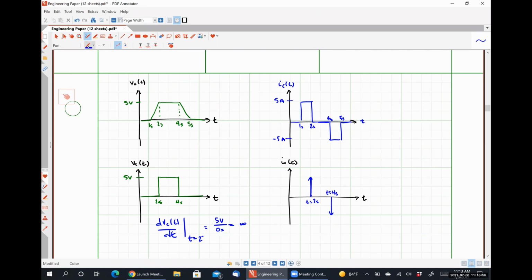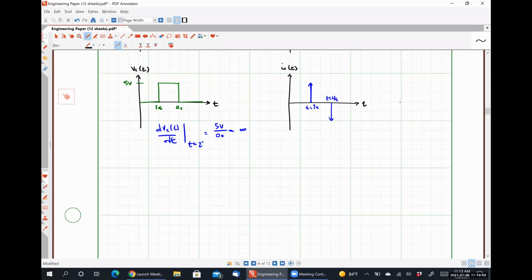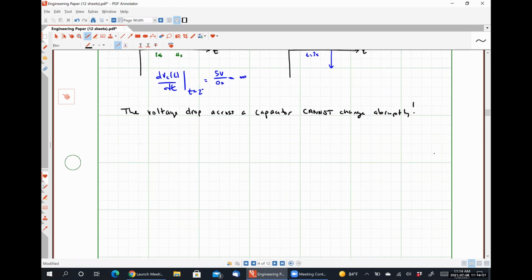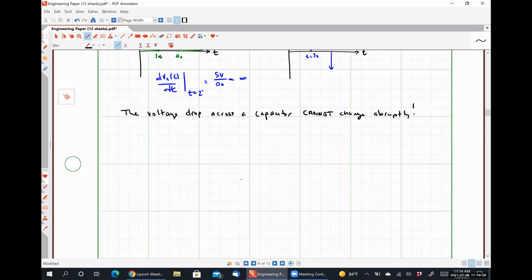So what we can say then is that the voltage drop across a capacitor cannot change abruptly.